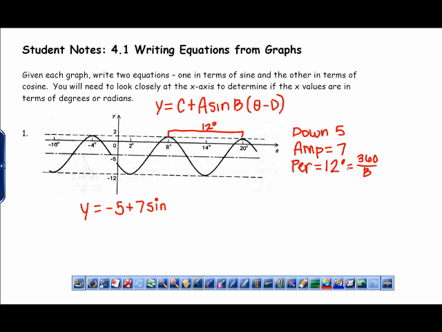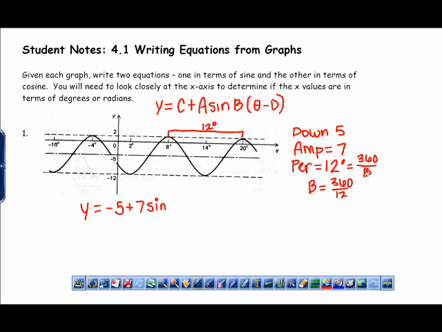Now let me just tell you, because of the relationship between the period and b, you can find b the same way you used to find the period. So I'm going to do 360 divided by 12. I'll explain it more on this one, and then from now on we'll just do things the easier way.